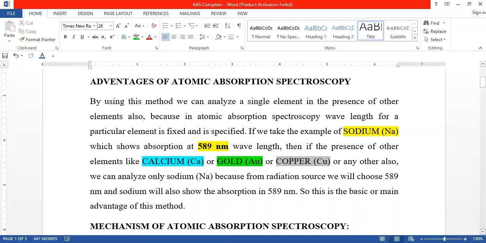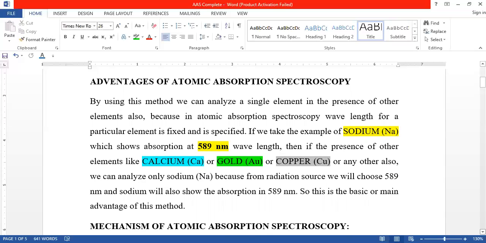Then in the presence of other elements like calcium, Ca, gold, Au, copper, Cu, or any other also, we can analyze only sodium because from the radiation source we will choose the 589 nanometer wavelength. So this is the basic or main advantage of this method.